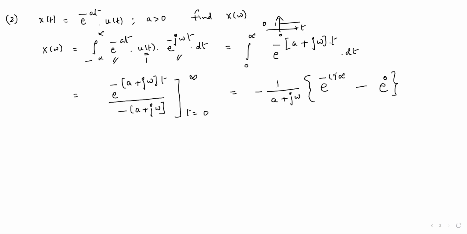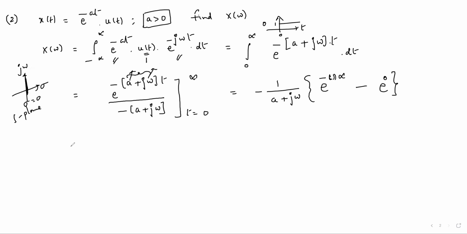So provided in this expression, observe this expression a plus j omega, we have taken a greater than 0. So a is positive and j omega is there. What is j omega means? In S domain, sigma plus j omega, real part is 0.